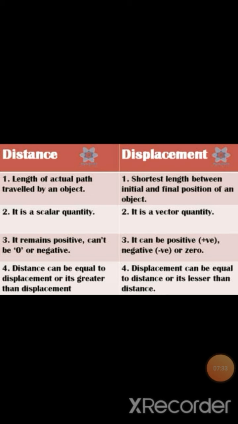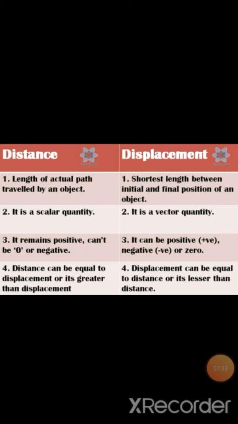The last point of difference says that distance can be either equal to or greater than displacement, but displacement is either equal to or less than distance. Displacement can never be greater than distance.